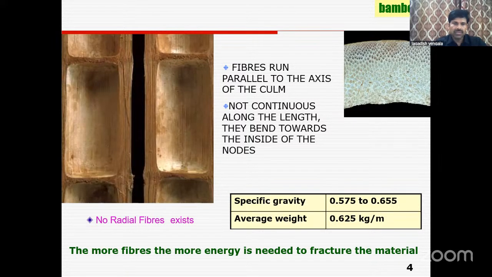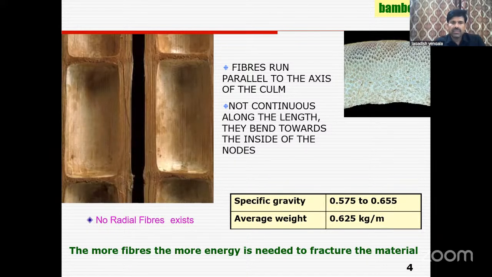Unlike wood, which has radial fibers too, here we don't have any radial fibers. Hence, when you drive a nail through, these fibers give way, allowing the nail to go inside, and that's how it gets split. The more fibers there are, the more energy is required to fracture the material.